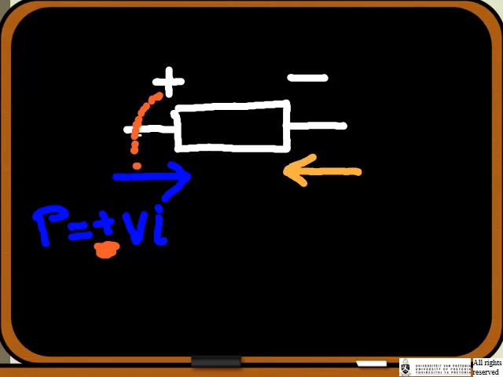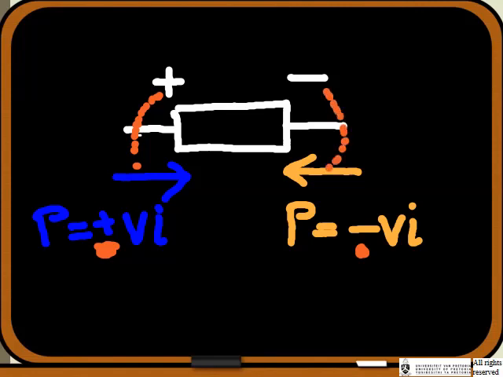What do you think is going to happen then? Indeed, P is going to be equal to minus VI. Again, why a minus? Because the current is going into the negative terminal. So that's the passive sign convention, and it's critical.